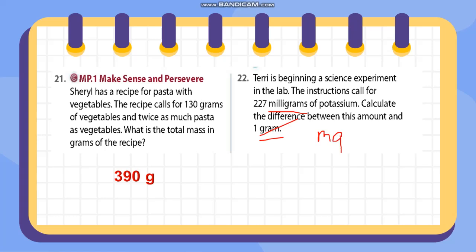Gram to milligram means 1000 because we have 3 movements going to the right. So 1000 milligram, subtract because we're going to find the difference. So 1000 subtract 227 milligram. The answer now is 773 milligram.